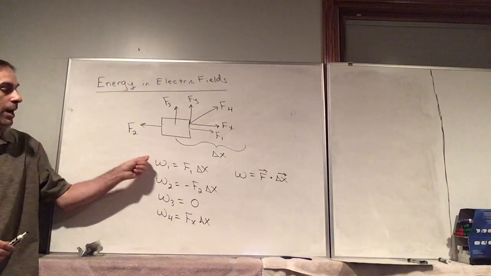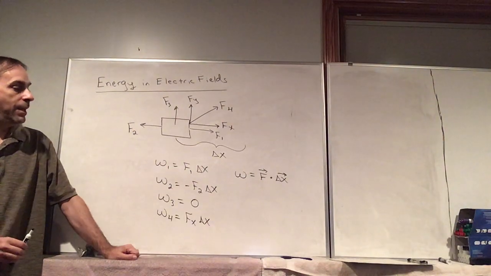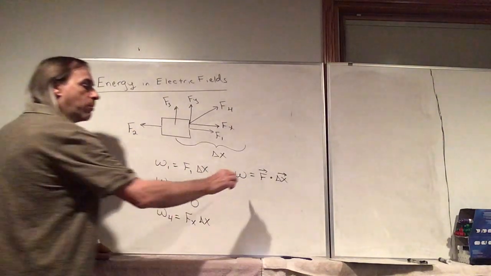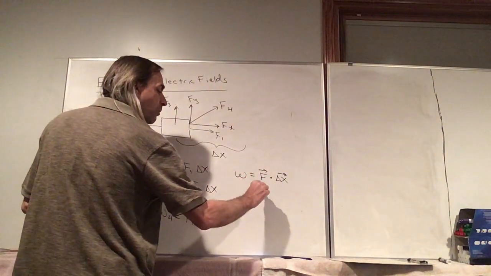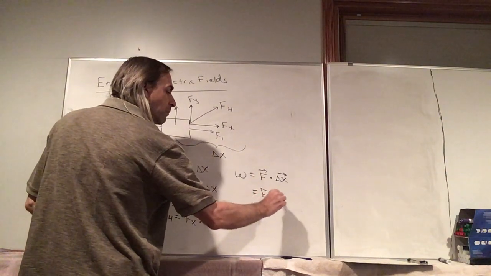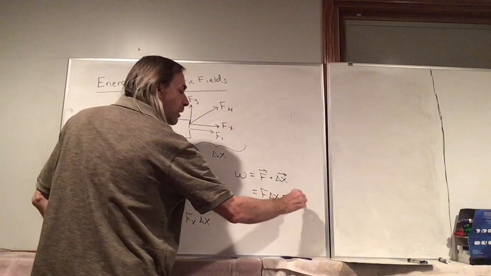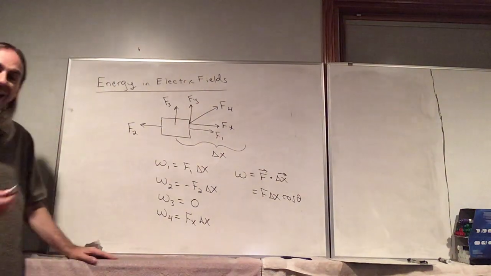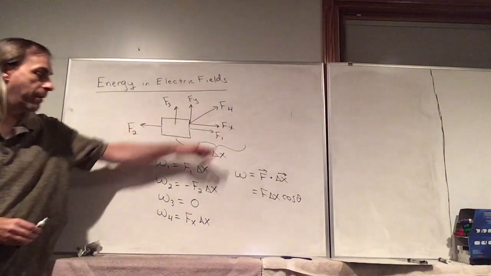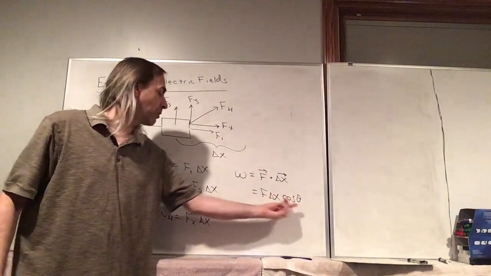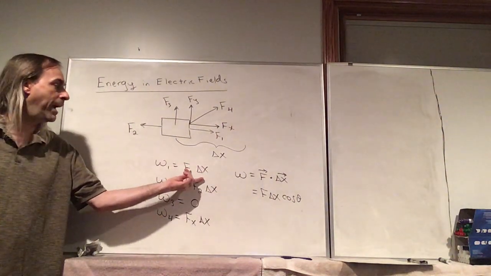Like in case 1, we can also write this as F delta x cosine theta. In case 1, theta would be 0. They're parallel to each other, and so cosine of 0 is 1. We just get F delta x.